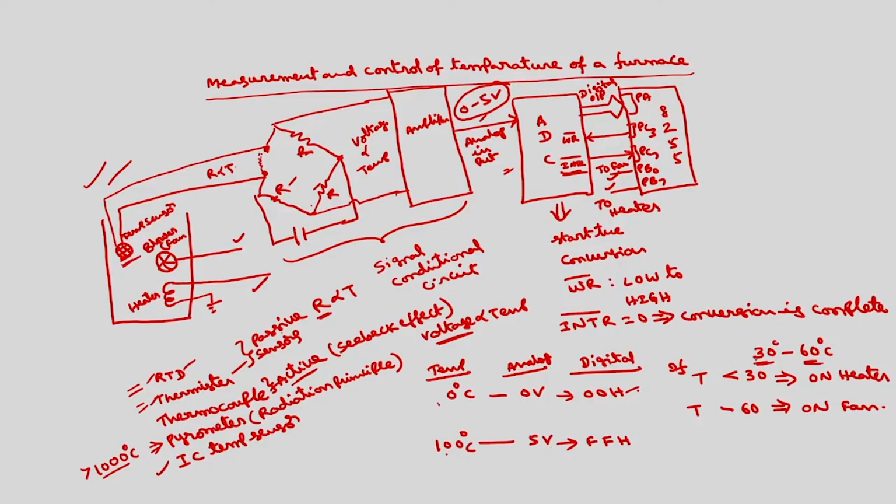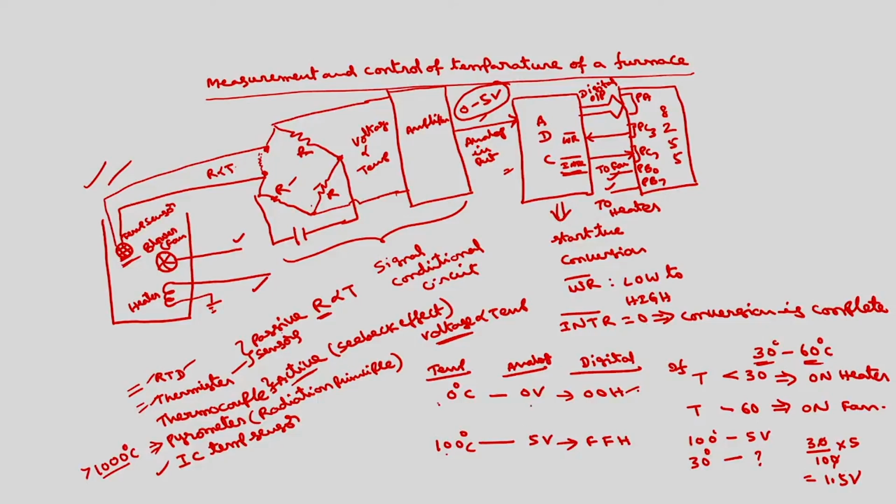So we can compute for 30 degrees. 100 degrees is 5 volts, so 30 degrees is 30 by 100 into 5 volts. This will be 1.5 volts.